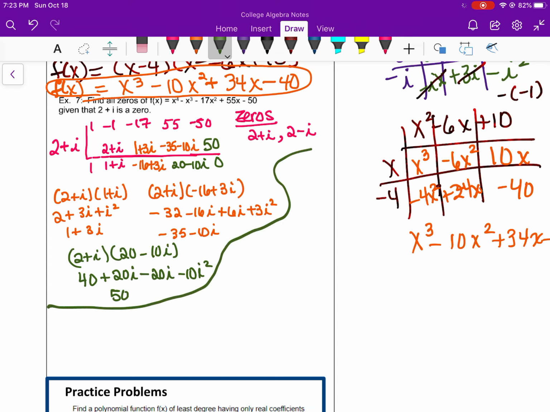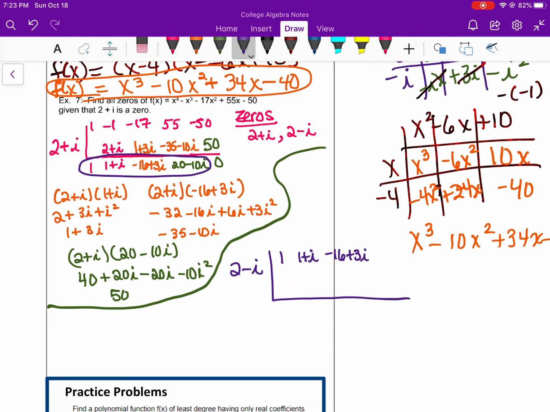So we need to now consider that 2 minus i is also a 0, and what we're going to do is bring it down a degree. So we're going to use these as our coefficients across the top. Let's see if I can get some space here.